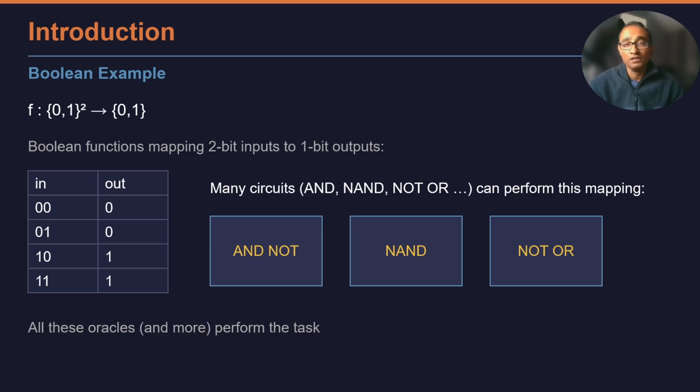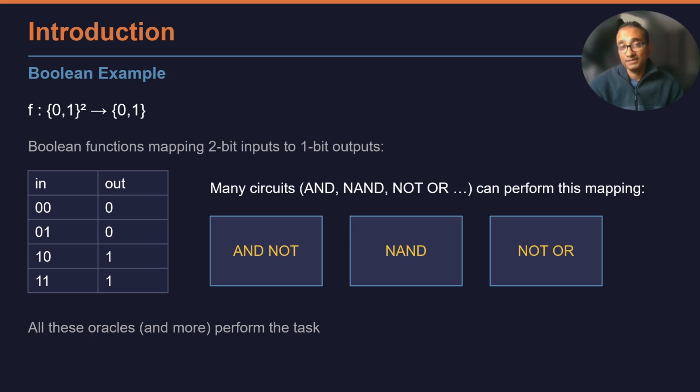If you take 0, 1, apply the AND gate, you will still get 0. If you take 1, 0 and apply the AND gate, the answer should be 0.